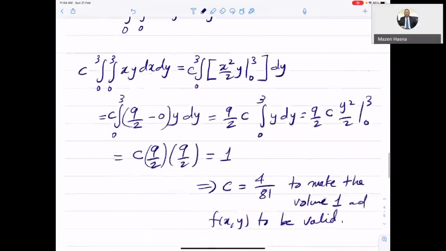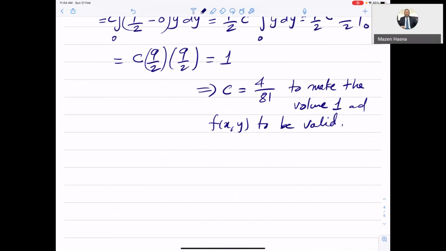Moving on, we'll define what we call marginal probability distribution.